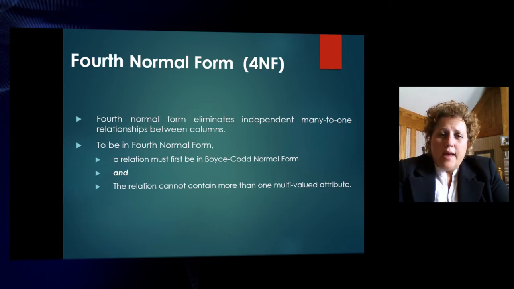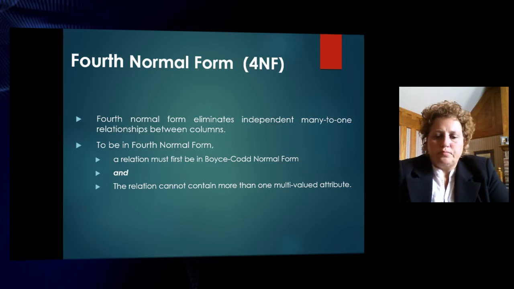But in order for a table to be in fourth normal form, there must be the elimination of all independent many-to-one relationships between the columns. It again must first be in BCNF, the Boyce-Codd normal form, and the relation cannot contain more than one multi-valued attribute.